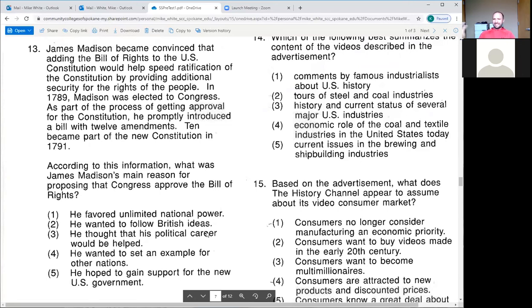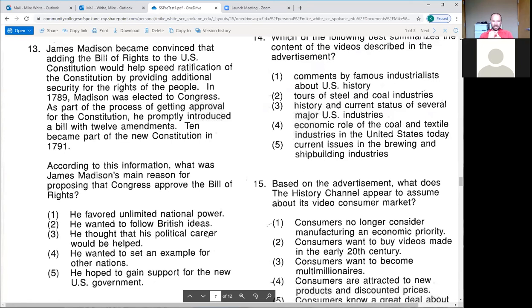Would speed its passing. In 1789, Madison was elected to Congress. As part of the process of getting approval for the Constitution, he promptly introduced a bill with 12 amendments. 10 became part of the new Constitution in 1789. So according to this information, what was James Madison's main reason for proposing that Congress approve the Bill of Rights?